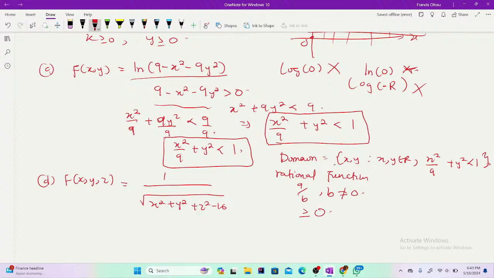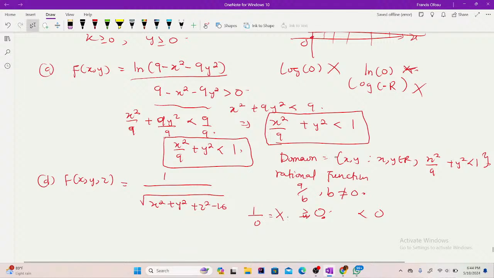If a term is less than 0, then it will be undefined here. It will not make this square root defined. So we combine these two conditions: the whole denominator should not be equal to 0, as well as whatever is in the square root should be greater than or equal to 0. When this whole expression becomes equal to 0, the function will be 1 over 0, therefore undefined.